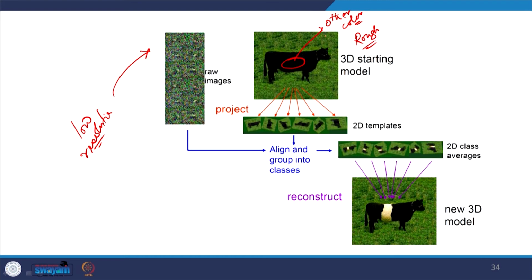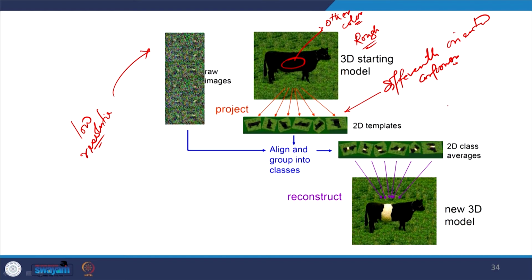But with this rough model, you identify differently oriented conformers. So, now you get the raw images, you align and group them into classes and you get 2D class averages.